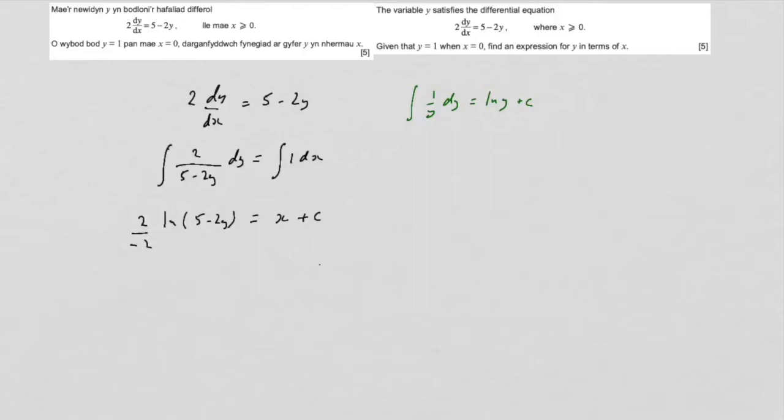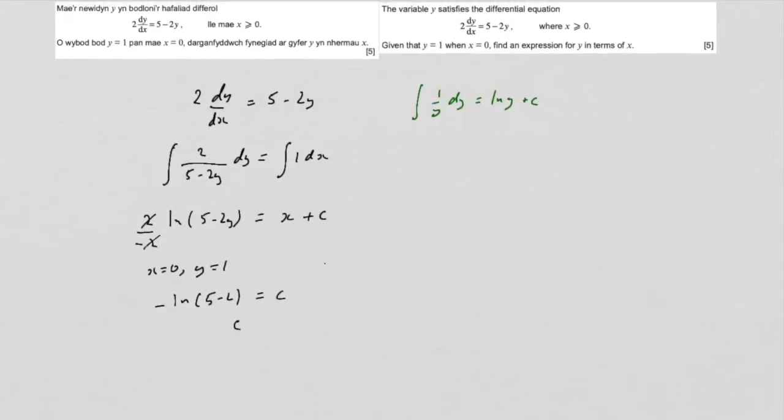So we also have that when x equals 0, y equals 1, so we can substitute those in and see what we get. Of course those 2's cancel, so we have minus log of 5 minus 2 equals c, and therefore c equals minus log 3.